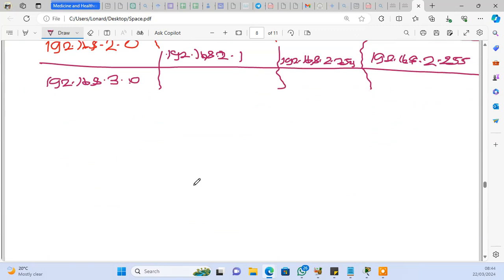So a quick example here, let's assume that we have 192.168 dot maybe 10.0, but with slash maybe 25. So what does this mean?